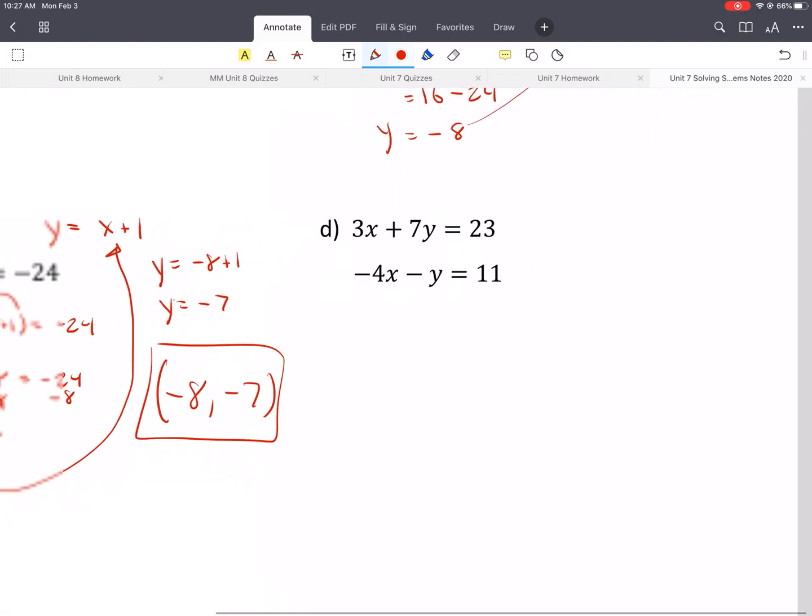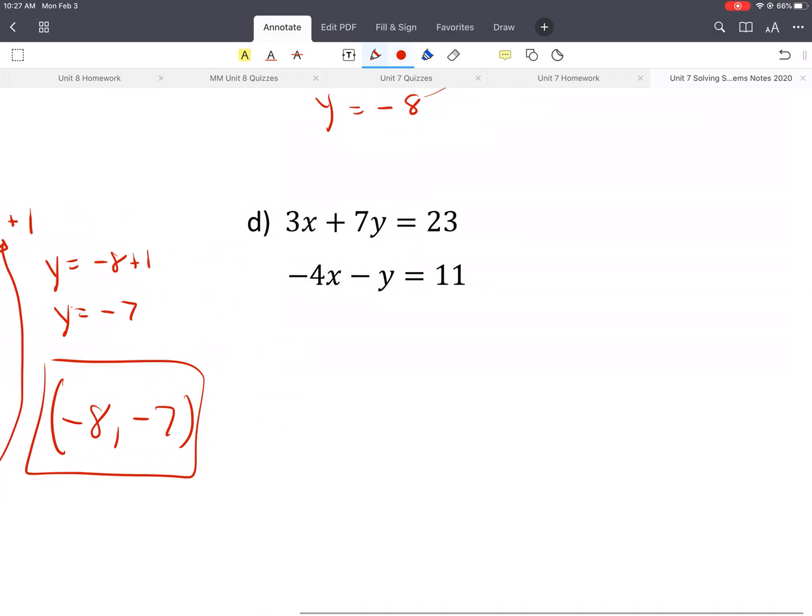And then the last one for linear equations is, again, I'd probably use this one just because there's not a coefficient, but really it doesn't matter which one you use. It's nice to have it that way because then you don't have to worry about plugging in fractions or things like that. So here maybe we will add 4x to both sides.